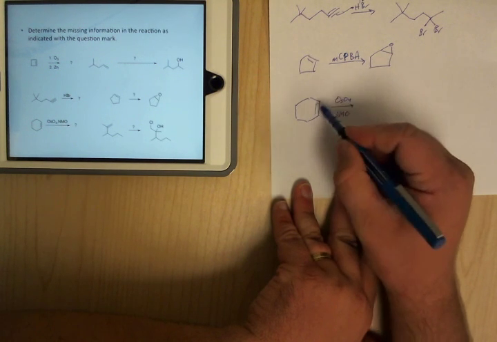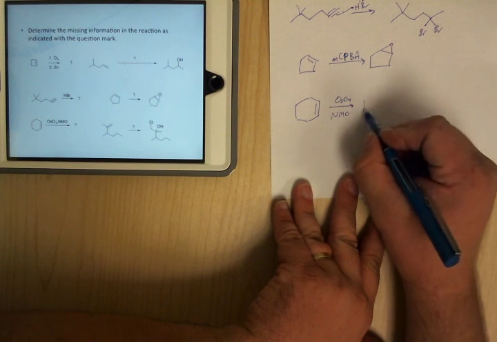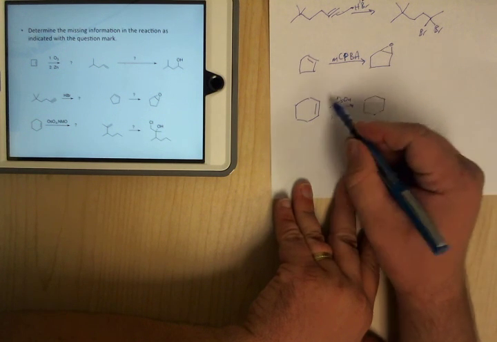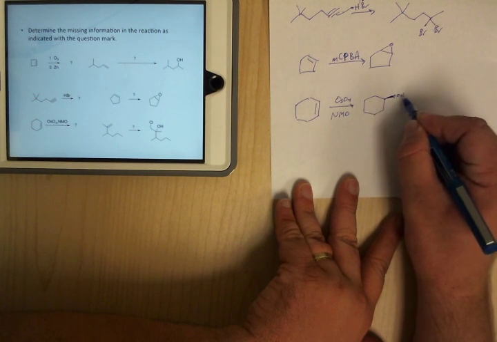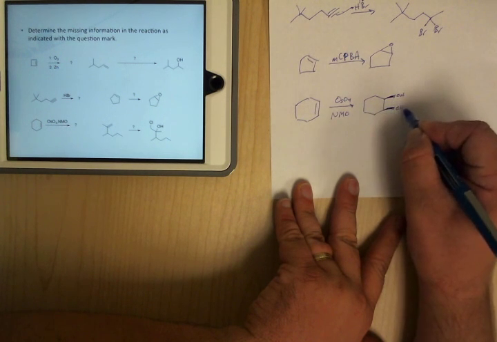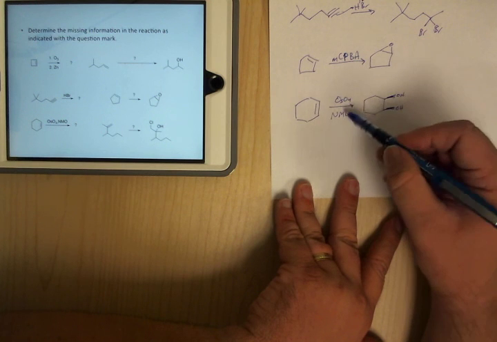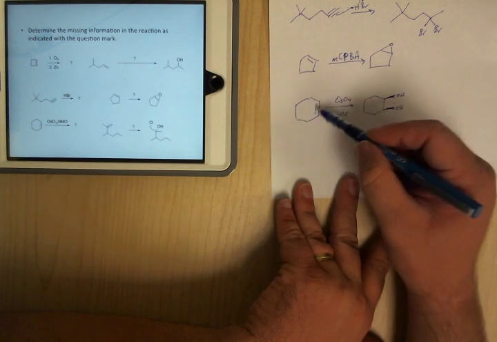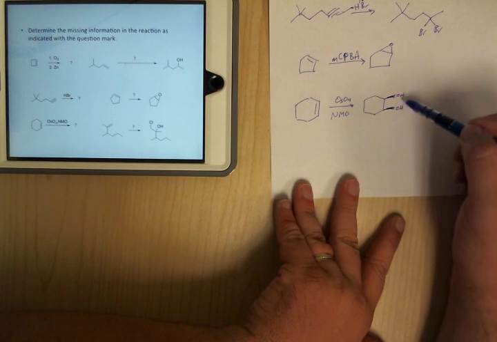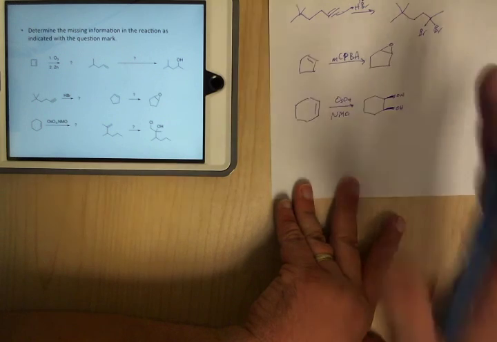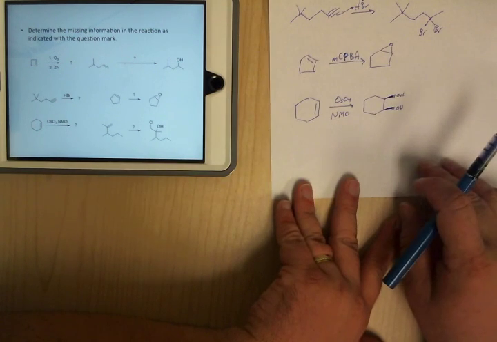If you're on a ring, osmium puts OHs on either side, but they're on the same side. Remember, it's cis addition of the osmium. Normally, if it's just a regular straight chain, it doesn't matter, because you get free rotation. But here they're stuck, and so here you indicate that they're going onto the same side.